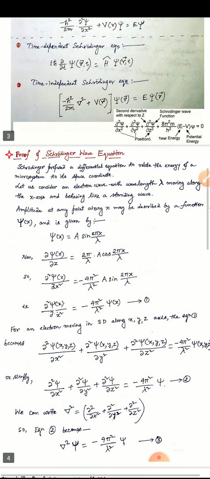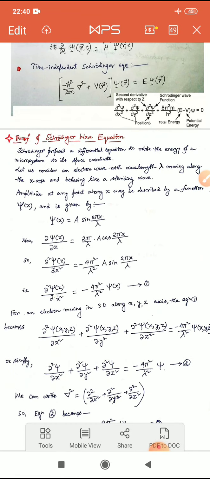So here is the derivation of the Schrödinger wave equation, or better you can say the proof of the Schrödinger wave equation. Here we consider the wave function ψ(x) = A sin(2πx/λ). You know all the parameters: λ is the wavelength of the wave function, A is the constant, and x is the displacement along the x-axis.